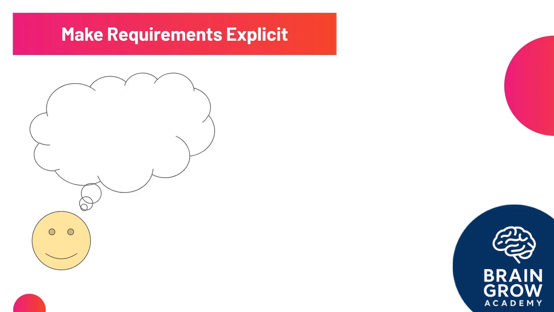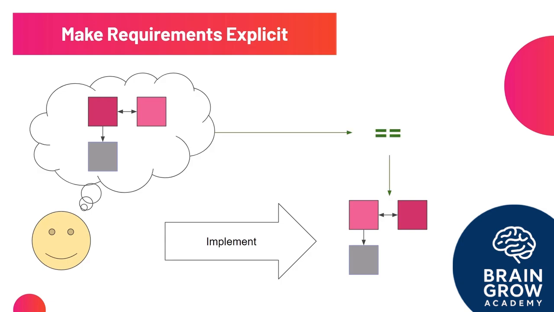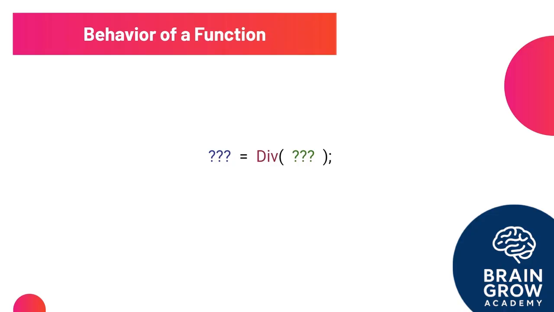TDD experts think and make the expected requirements as explicit as possible. Then they start implementing the production code until the production code meets the actual expected requirements. Well, sounds confusing? No worries, we will see what it means. Imagine that you want to write a division function.